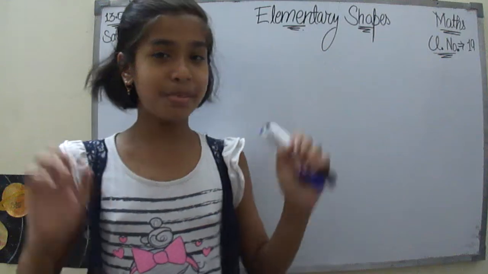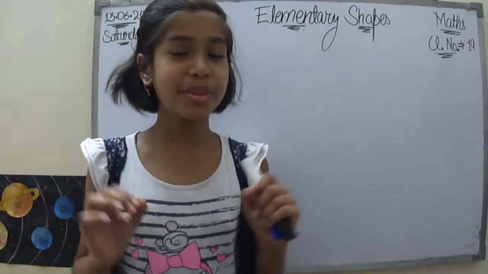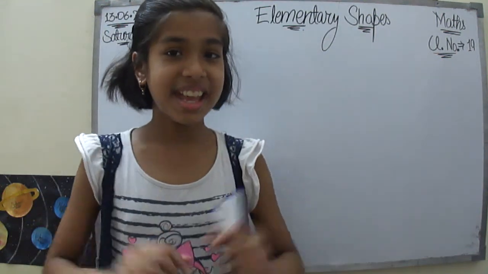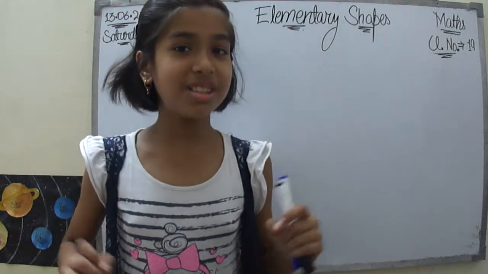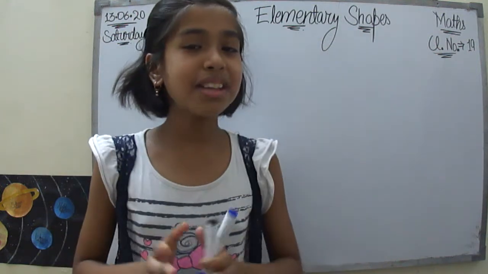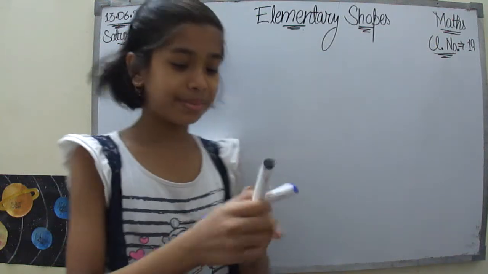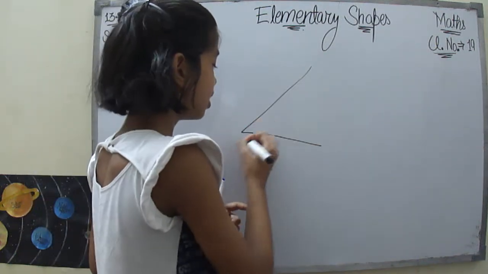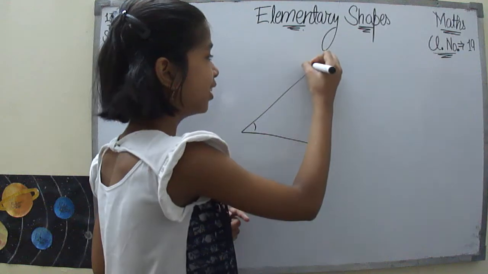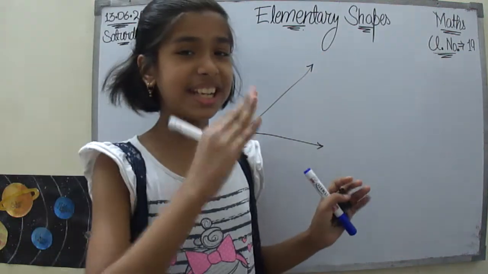So firstly, in my previous video we had talked about the angles, and in today's video, as we all know, what comes after the angle? Let's put a line in it.